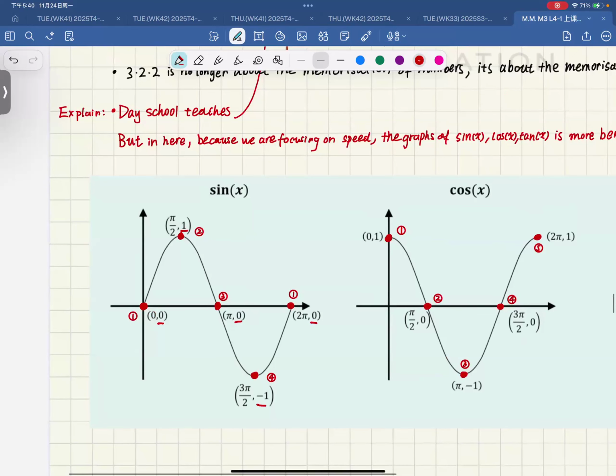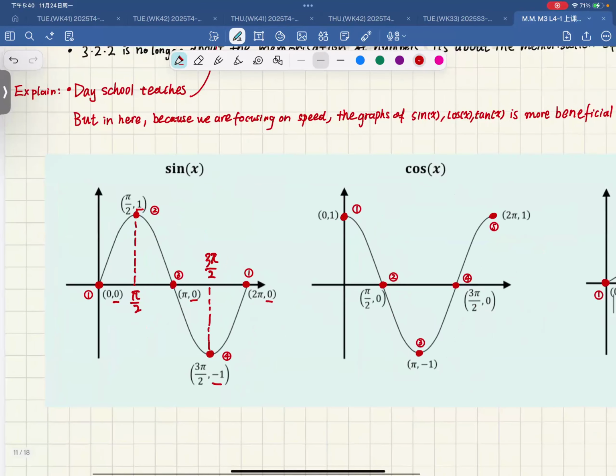And then when x is equal to pi on 2, y is equal to 1. When x is equal to pi, y is equal to 0. And at 3 pi on 2, y is equal to -1. And then at 2 pi, y comes back to 0.